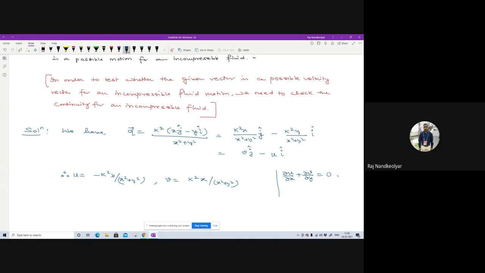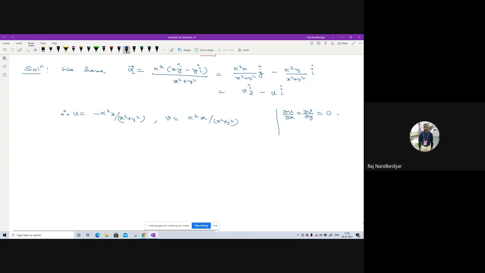Now in order to test the continuity equation, let us assume, just for the sake of simplicity, otherwise there is no reason to denote it like this, x square plus y square equal to r square.